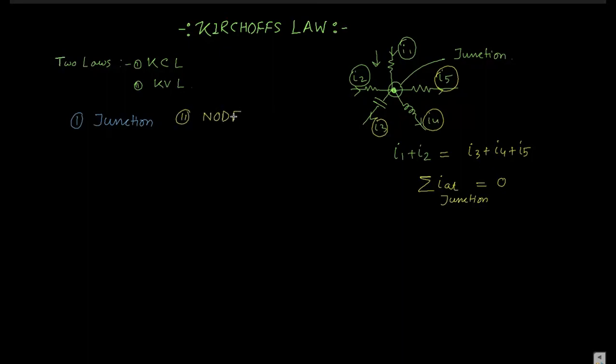So what is a junction? Where three or more conductors are joined, that point is a junction.